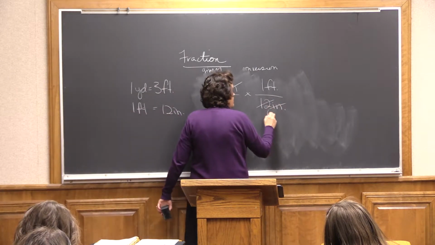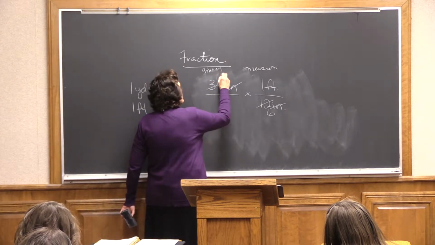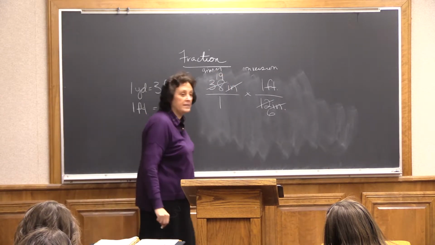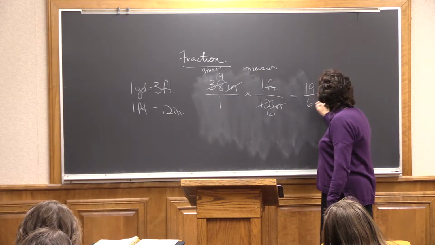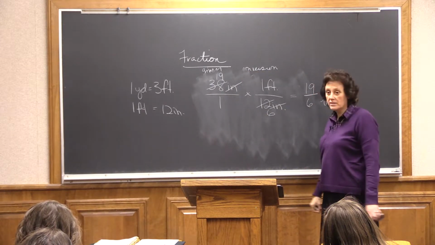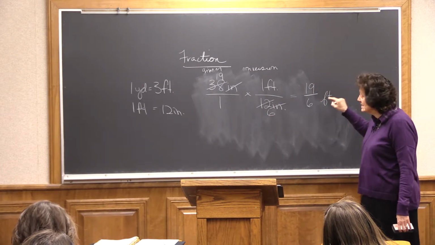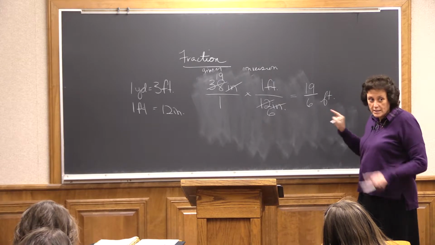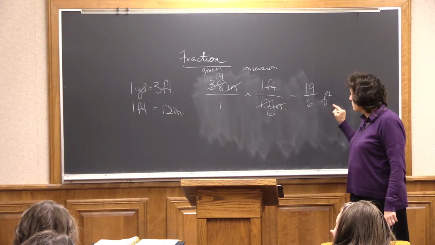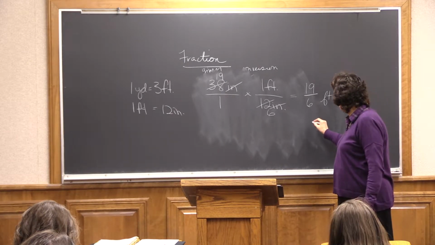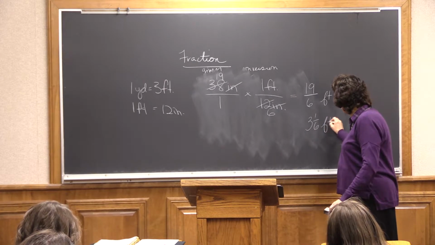This becomes cross cancel a 2. Cross cancel another 2. So then I'm going to end up with an improper fraction, 19/6 feet. This is going to put me through the fraction math properly. This is how incompatible units with odd numbers are converted, through fraction math. So this will be 3 1/6 feet.